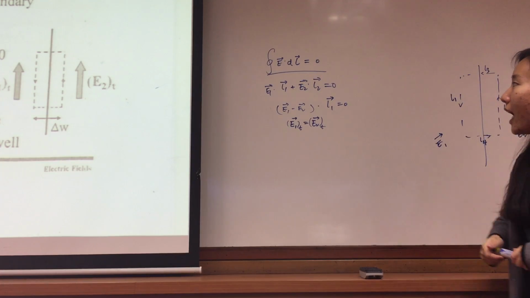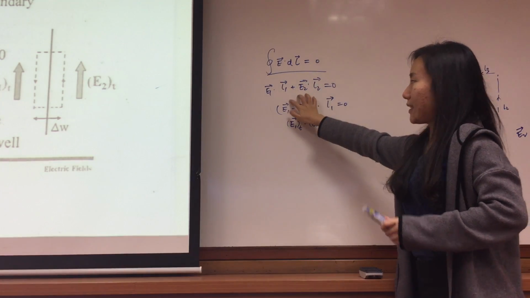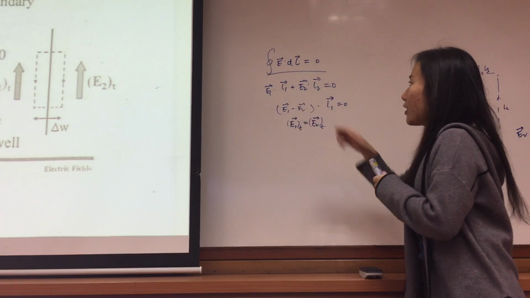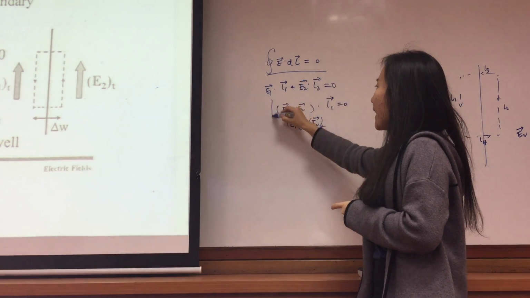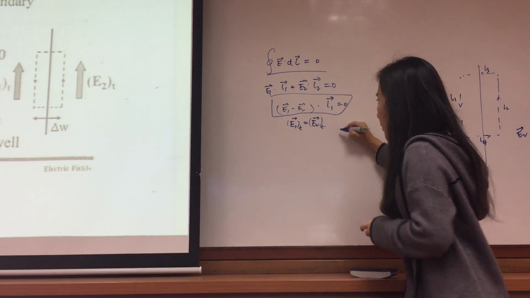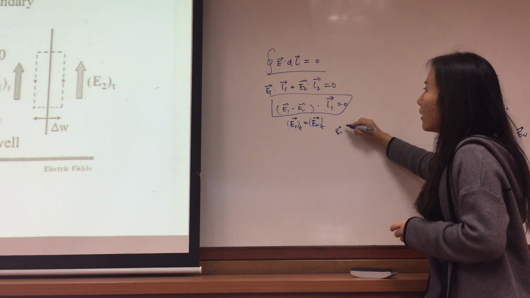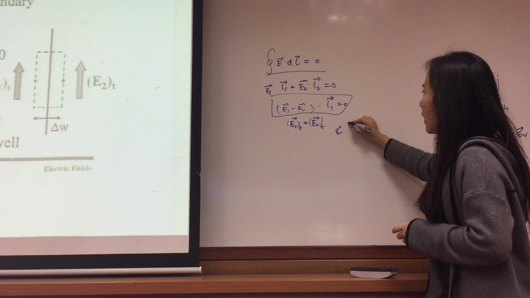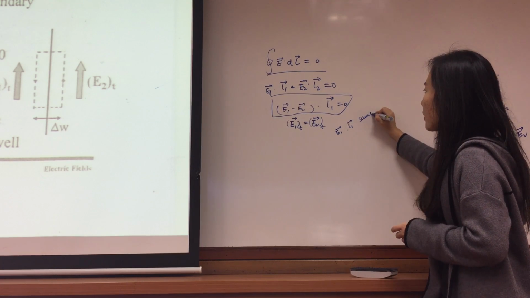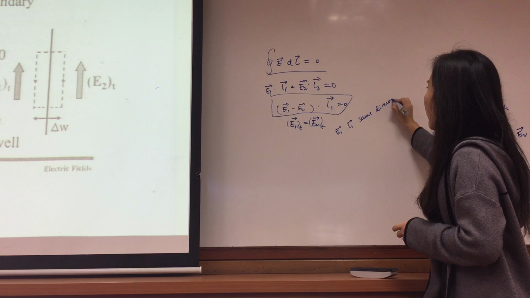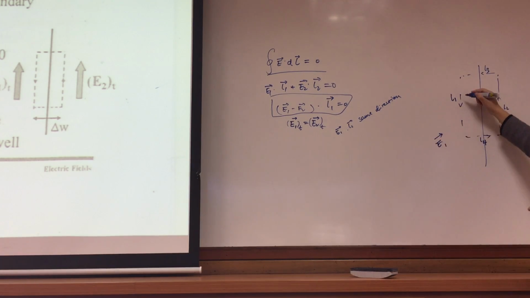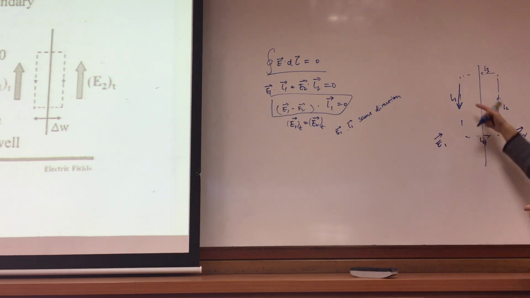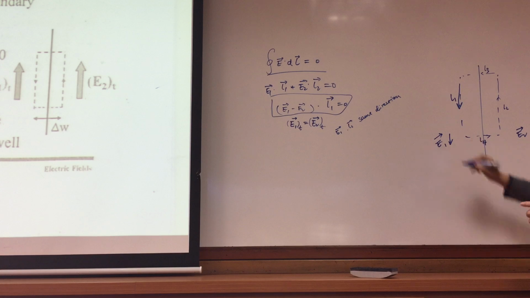I repeat: the general form always holds, but I can write it like this based on the assumption that E1 and L1 have the same direction. When E1 has the same direction as L1, L1 is like this, which means I assume E1 is like this.